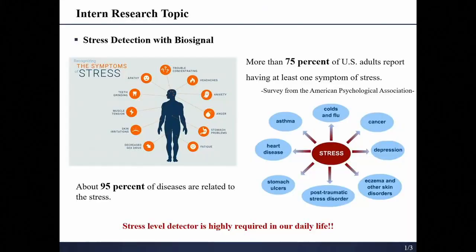And more surprisingly, more than 85% of diseases are related to stress. So almost all kinds of disease are related to our stress. It is very important to know and manage our individual stress level, so the stress level detector is highly required in future daily life.